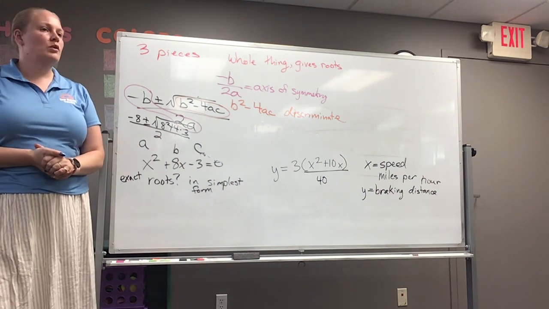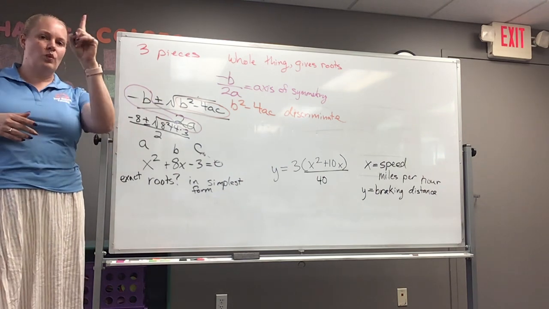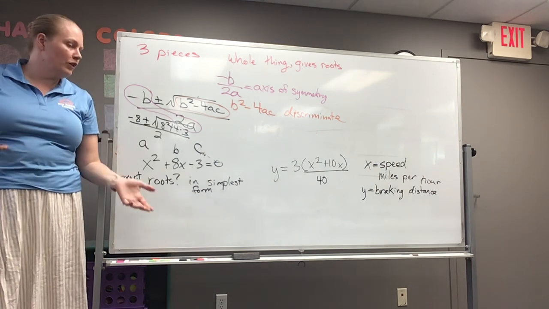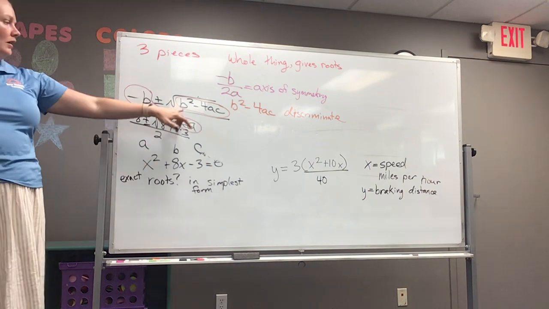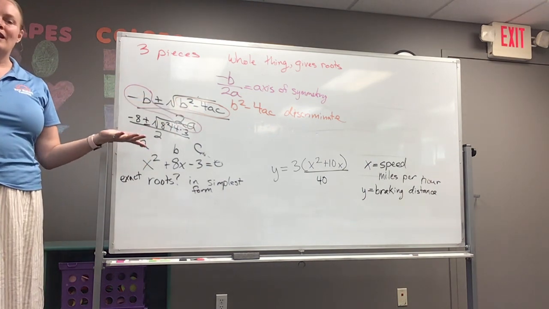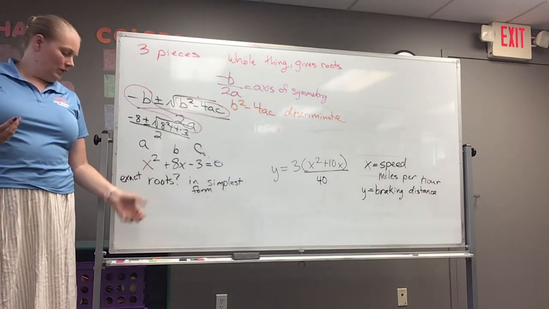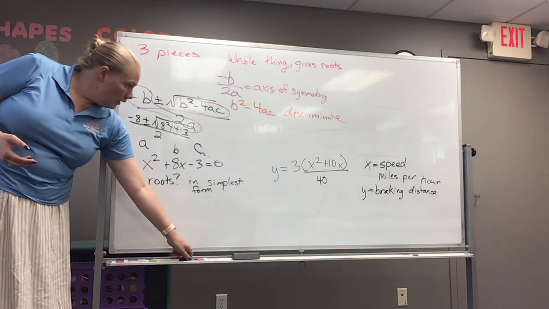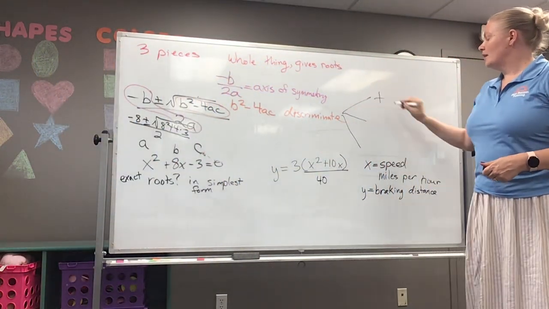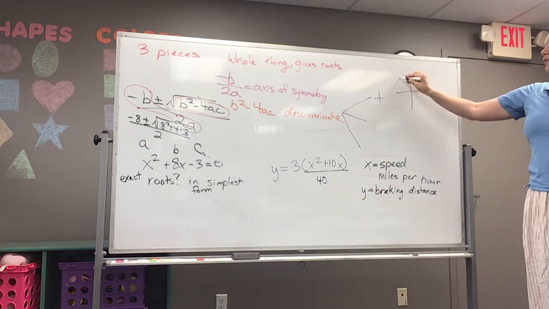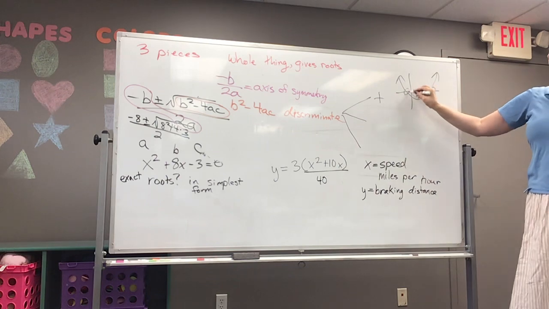If you have the square root of 0, plus 0 or minus 0 doesn't change. That is one real solution. Or in other words, the vertex is sitting right on that x-axis. And if it's negative, square root of negative, imaginary. No real solutions. And so our three options, if it's positive, our graph looks something like this, where it crosses in two real solutions.